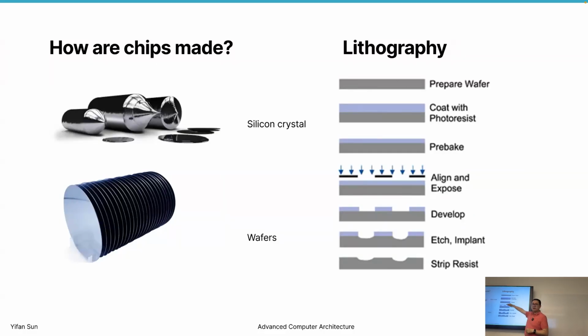And we put a mask on top of it, and we cast light on it. These photoresist materials are sensitive to light. If light is cast on it, they will disappear. Okay, they will disappear. So then we have this thing. So probably here are the parts that we want to make N-well or P-well or copper or something, right?